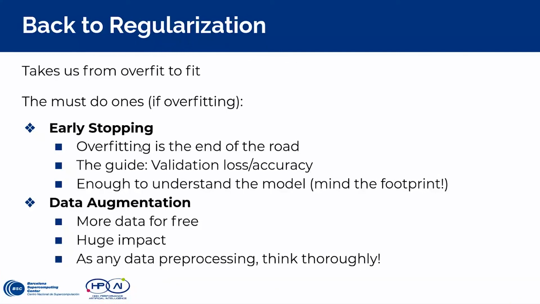So the most popular ones, the ones you should always use because they have no downsides, no side effects, are early stopping and data augmentation. Early stopping, as a regularization technique, is quite simple. It's just defining a policy by which you stop training.